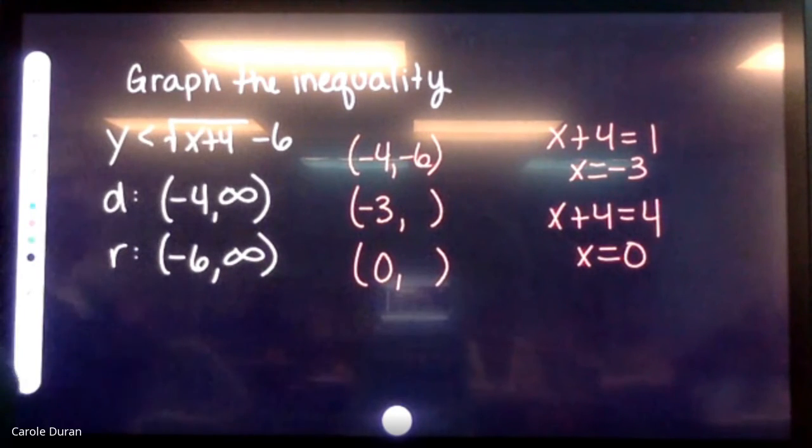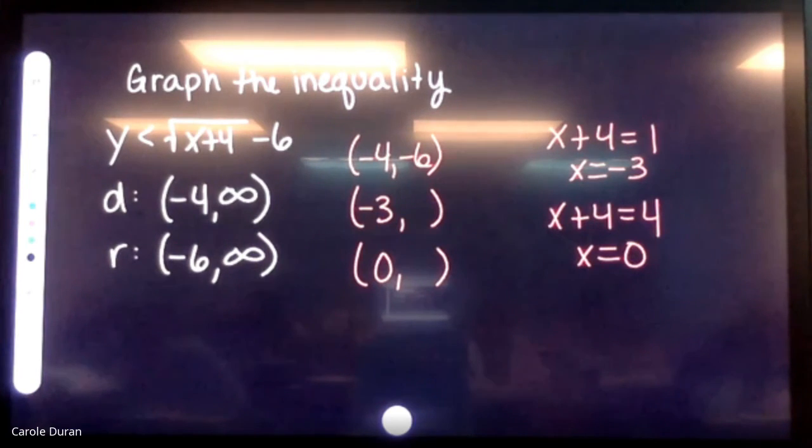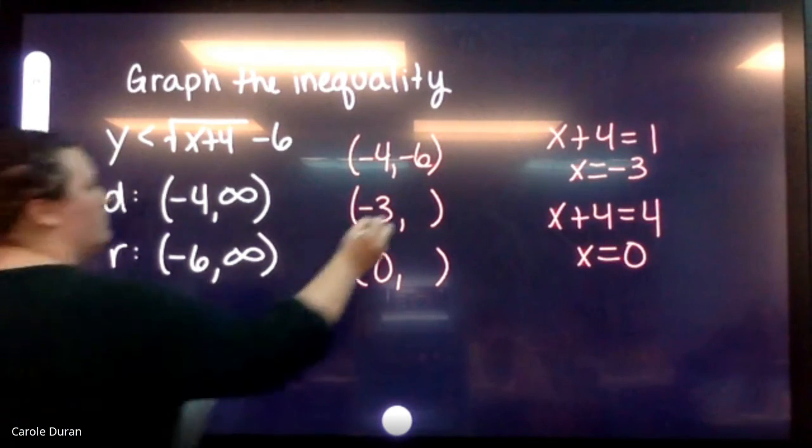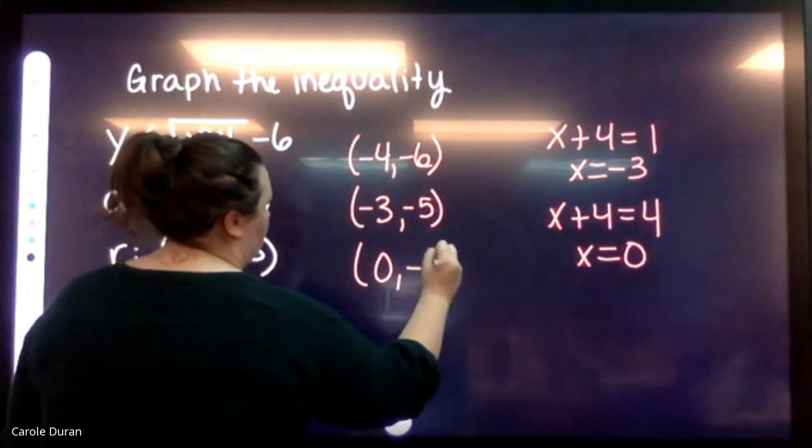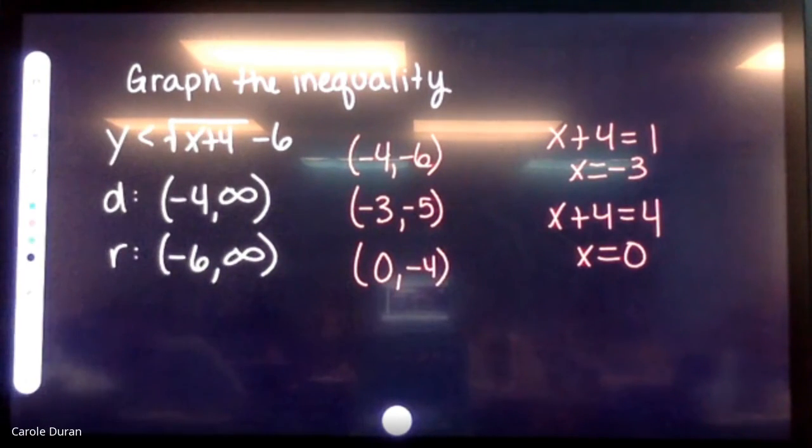And then I plug those numbers into my inequality. And when I do, I get -3, -5, and 0, -4 as my points. Anybody not get those points?